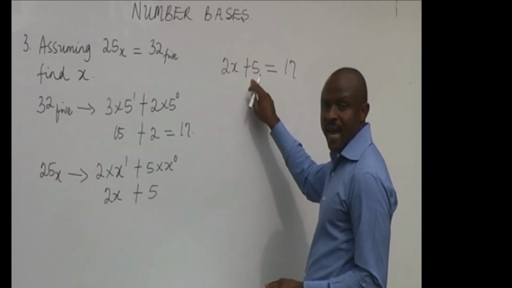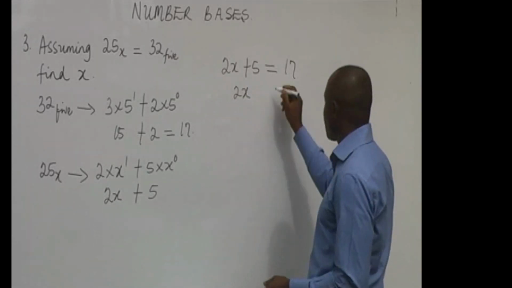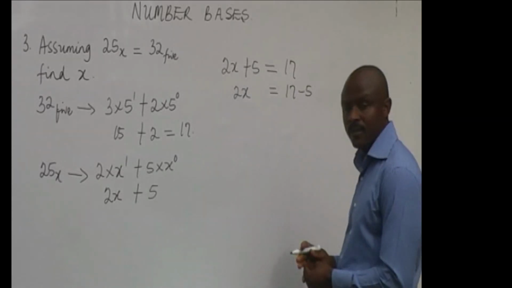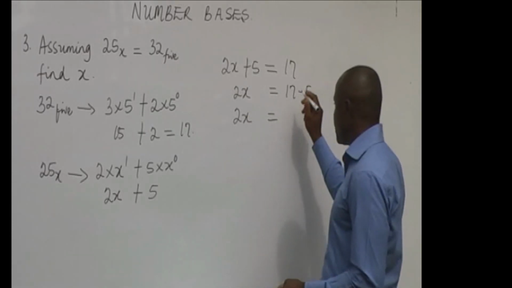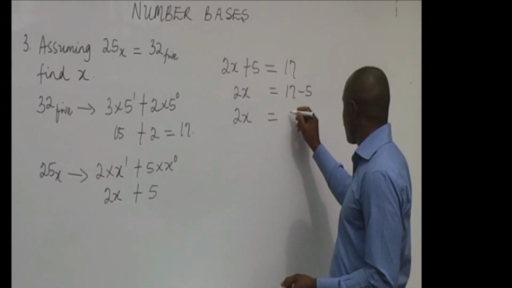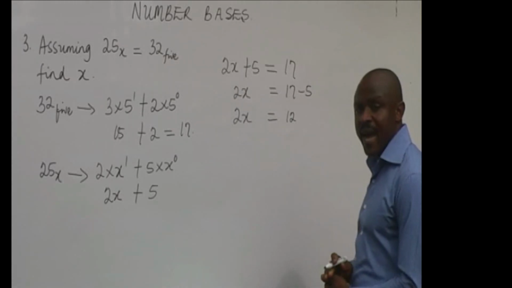Subtract 5 from both sides. That means on the left hand side we will be left with 2x, and it's going to give you 17 minus 5. So you're going to have that 2x is equal to, if you subtract 5 from 17, you have 12 left. Divide both sides by 2.